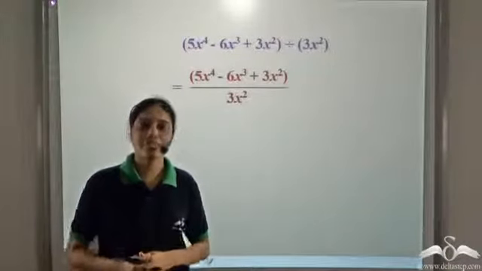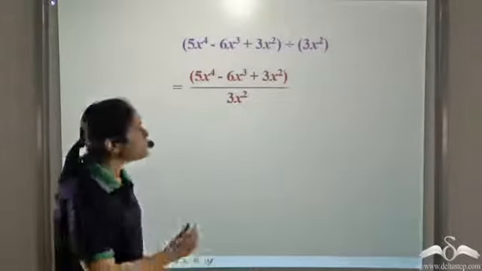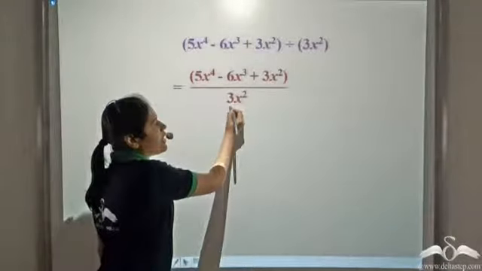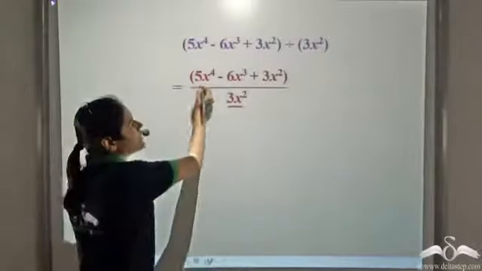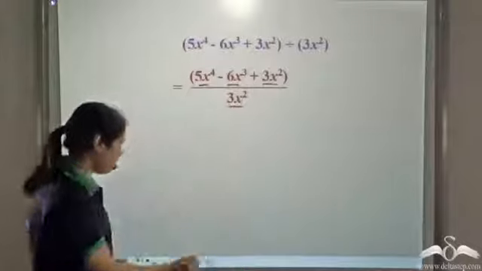You have already learned how to divide an expression by a monomial. In order to divide an expression by a monomial, we need to divide each term of the expression by the monomial.